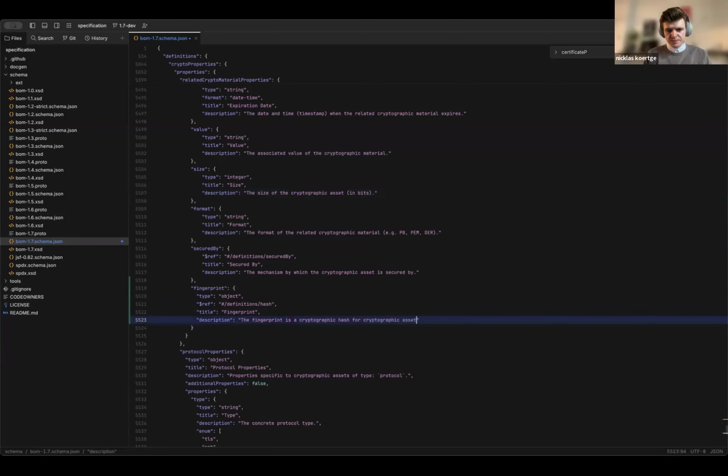Does that make sense? Yeah, good. Maybe, I don't know, having cryptographic 2 times in here gets a little bit off. You can just say hash, I guess.